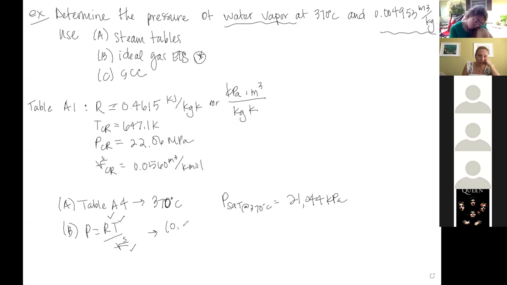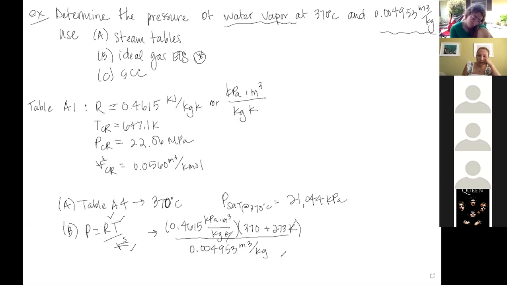Our R value is 0.4615 kilopascal cubic meter per kilogram Kelvin. Our temperature is 370 degrees Celsius, but we need it in Kelvin, so we're going to add 273 to get it in terms of Kelvin. And our specific volume is 0.004953 cubic meter per kilogram.